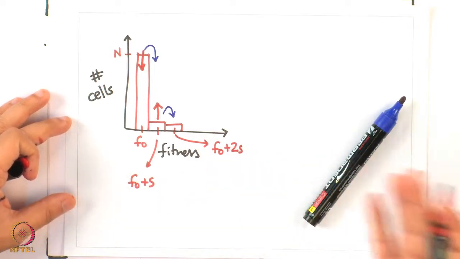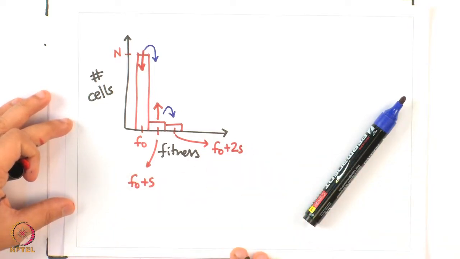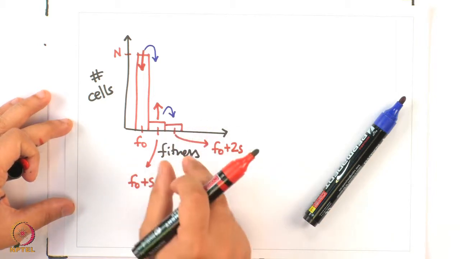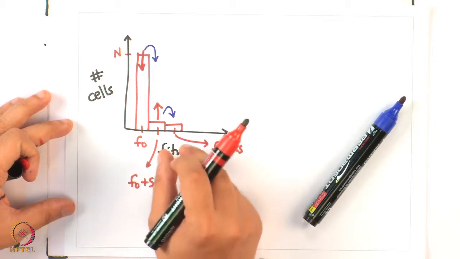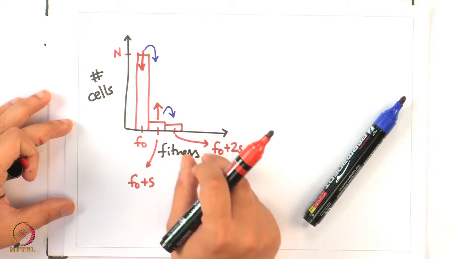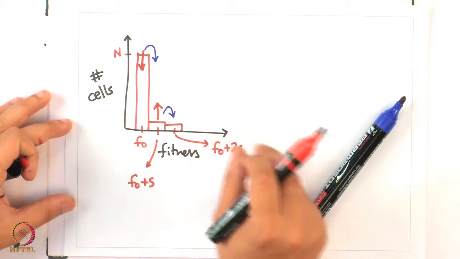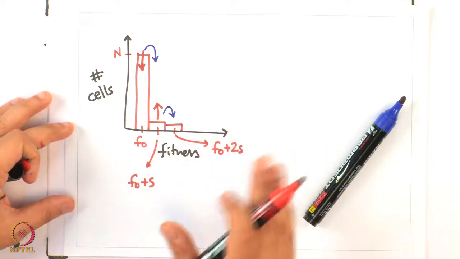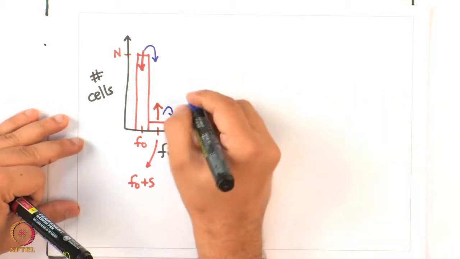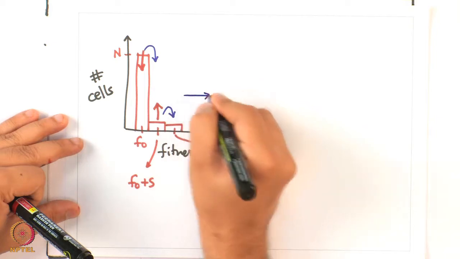And this keeps on progressing forward in time: each pool of individuals at the highest frequency, the leading edge as we call it, of this distribution is going to keep giving rise to individuals of higher fitness. That is going to keep on happening. So what mutation is doing here is creating variability.